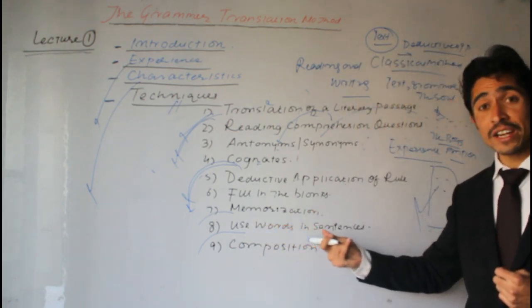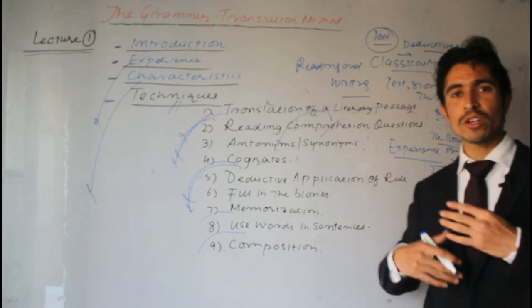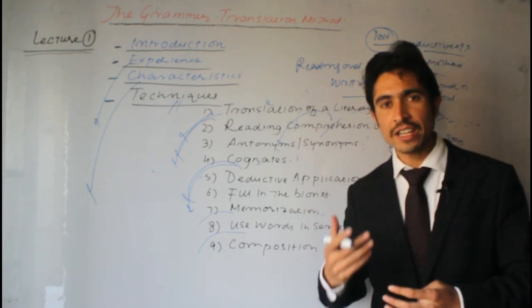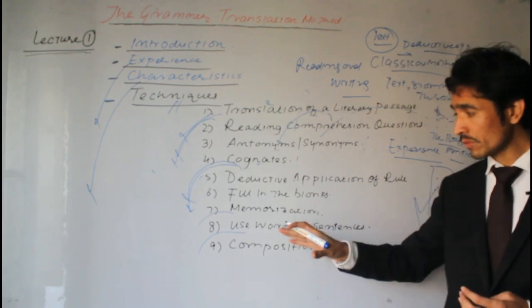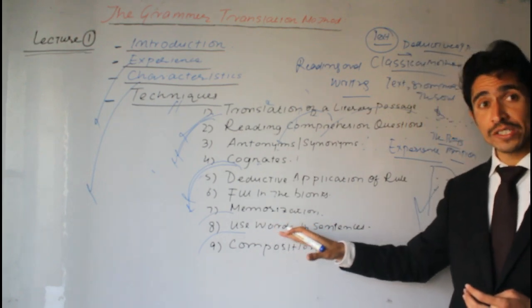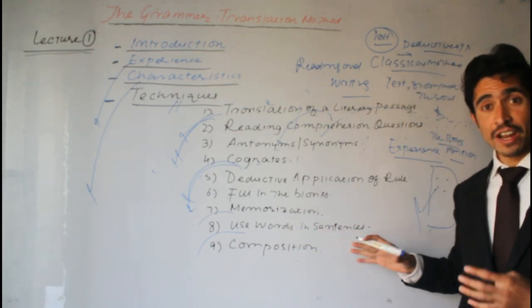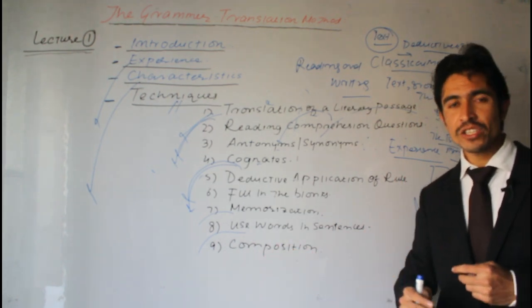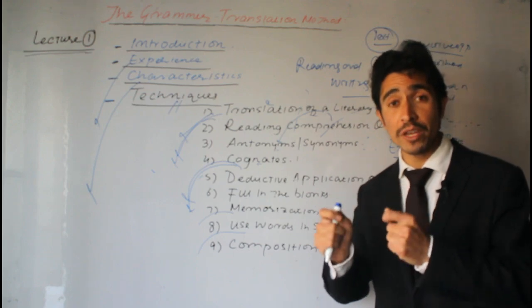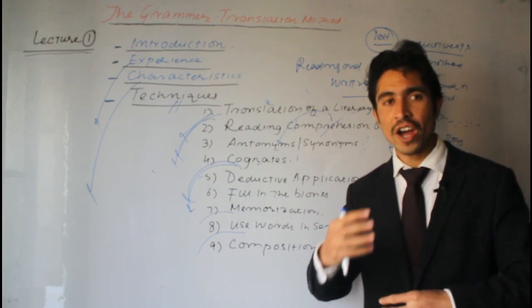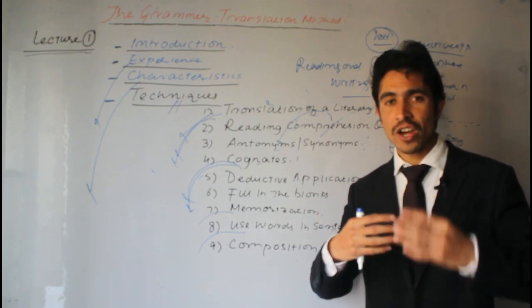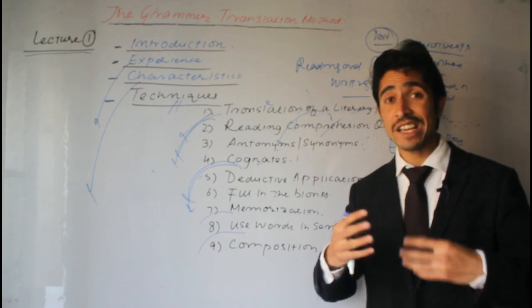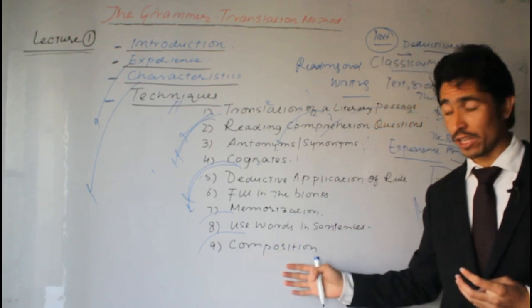Then use words in sentences: they are given different words and they have to use those words in sentences. And the last one is composition. The teacher gives them a topic and they have to write a summary or write an essay on the topic.